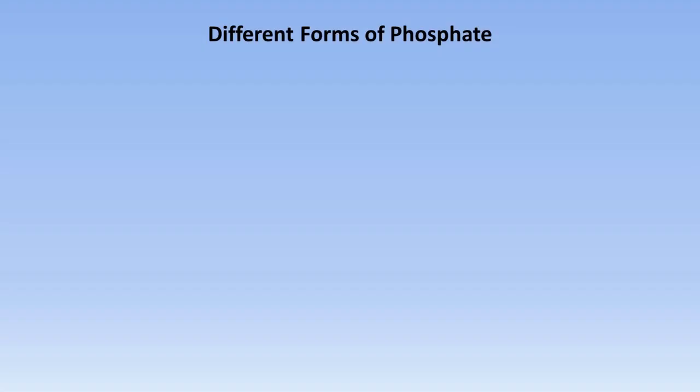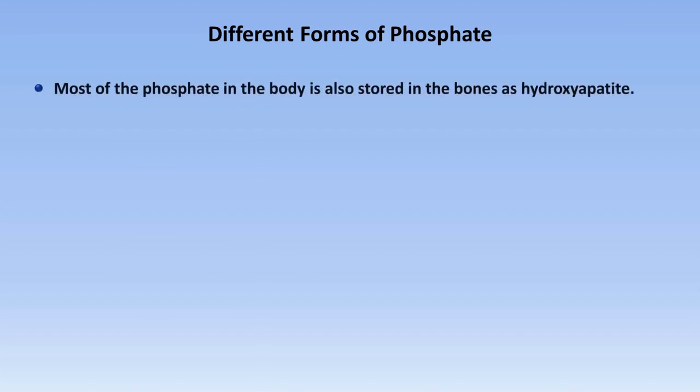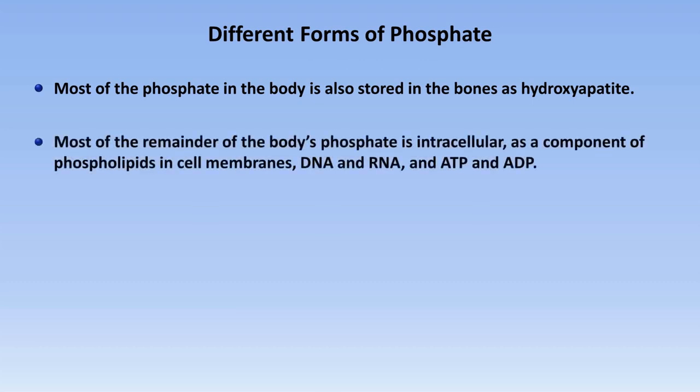As with calcium, there are also different forms of phosphate in the body. Most is also stored in the bones as hydroxyapatite. Of the remainder, most is intracellular as a component of phospholipids in cell membranes, DNA and RNA, and the energy-storing compounds of ATP and ADP.